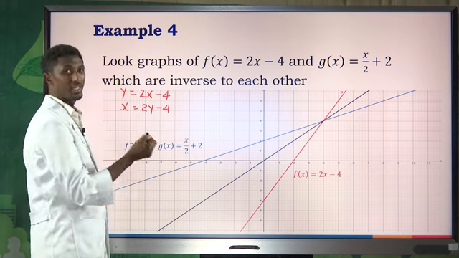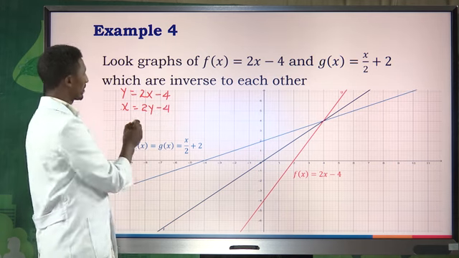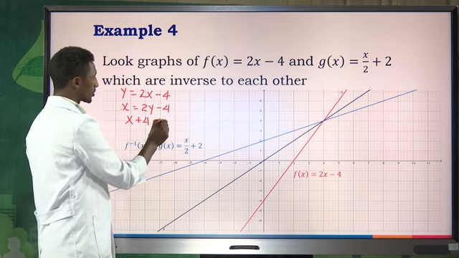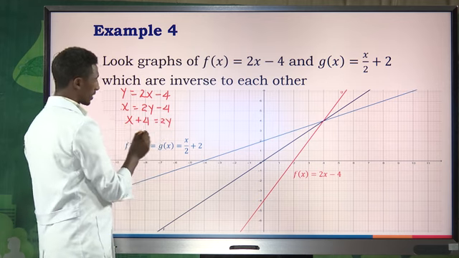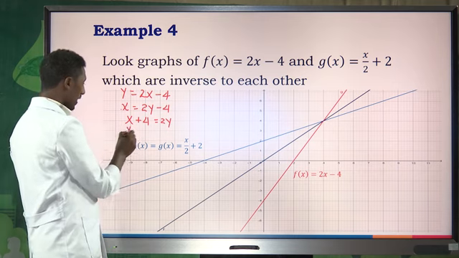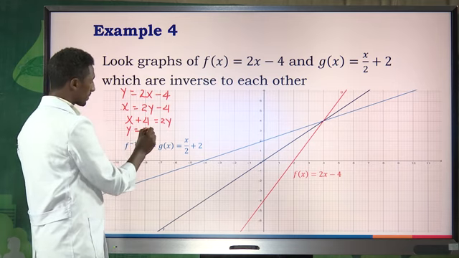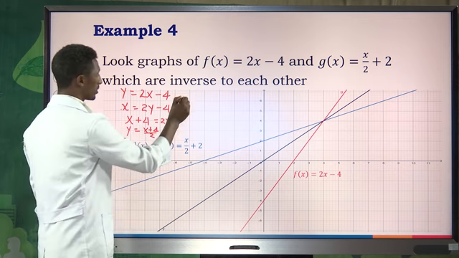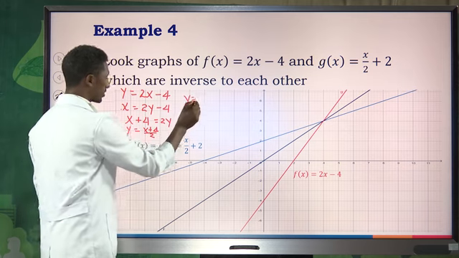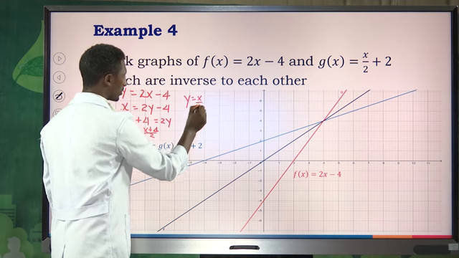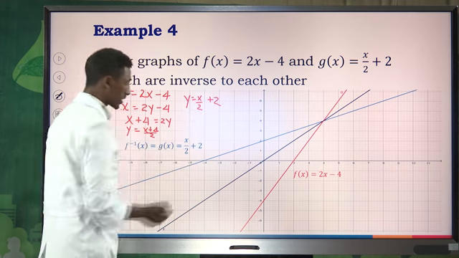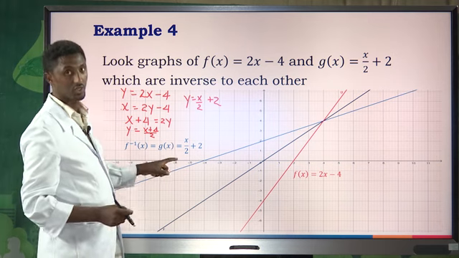To solve for y in terms of x, let's rewrite x plus 4 equals 2y. So y equals x plus 4 over 2. This equals y equals x over 2 plus 4 over 2, which is 2, the same as this function.